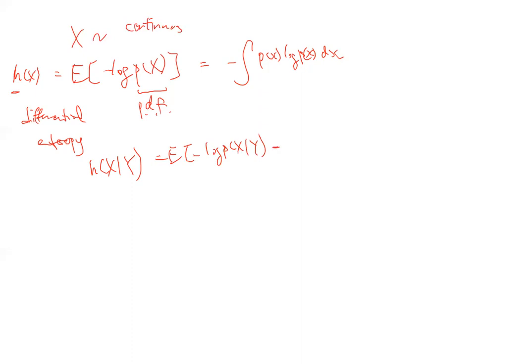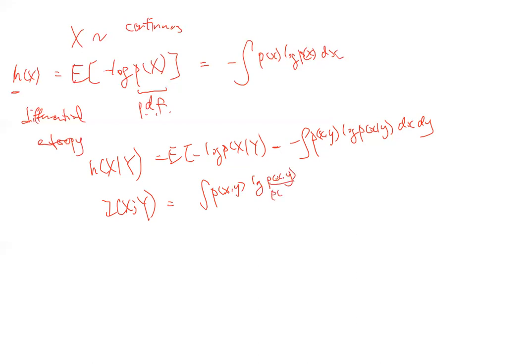Again, it becomes an integral of p(x,y) log p(x given y) dx dy. And you can define mutual information as well. This essentially becomes the integral of p(x,y) log of p(x,y) over p(x)p(y) dx dy. This is the same kind of expression as h(x) minus h(x given y).